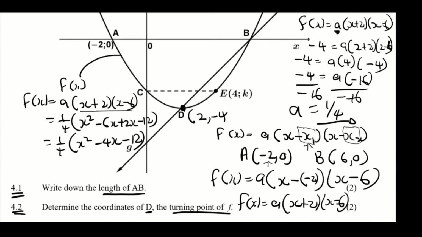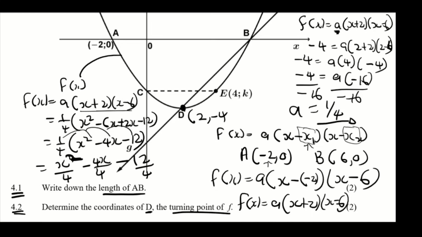Right, so now we're going to multiply the 1 over 4 inside every term that it finds, and then you're going to get x to the power of 2 over 4 minus 4x over 4 minus 12 over 4.